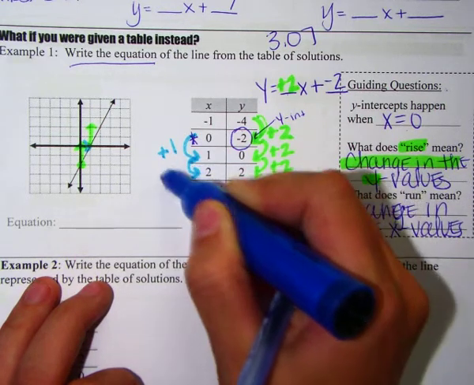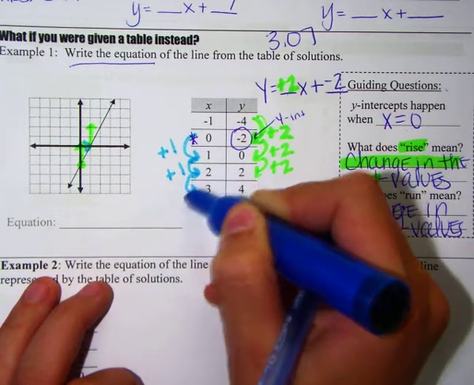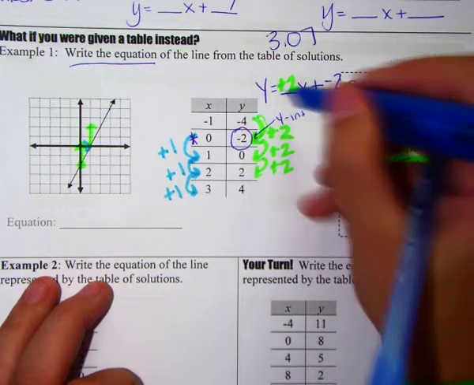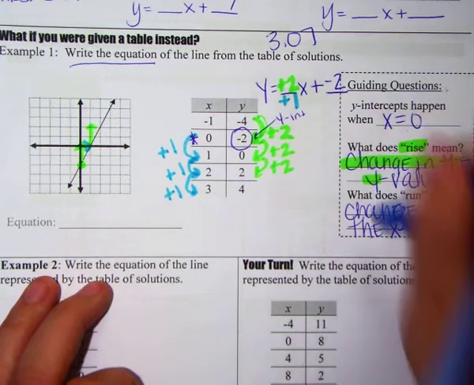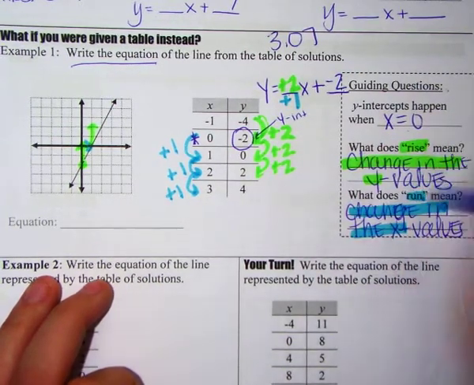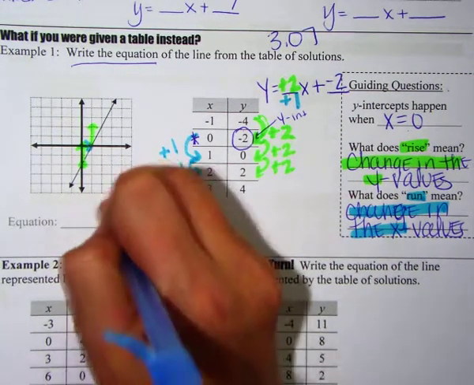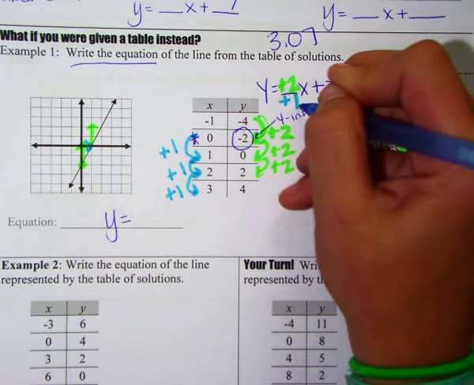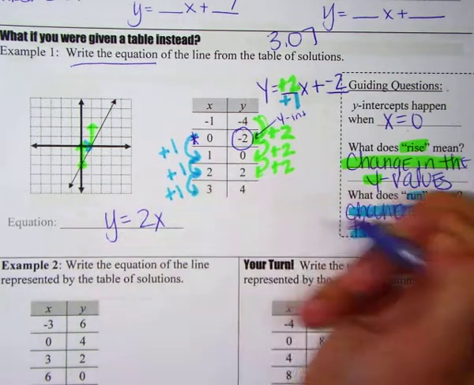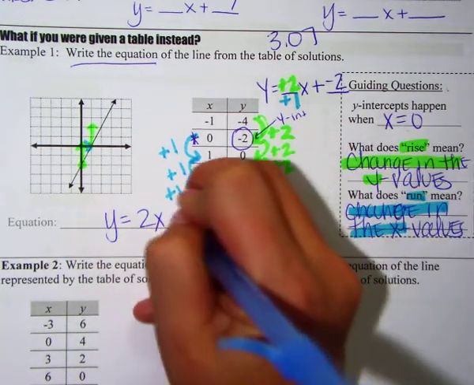From 1 to 2, we are adding 1. From 2 to 3, we are adding 1. So our run, or our change in x values, is plus 1. Ultimately, our equation is y equals 2 over 1, so 2x plus -2, or minus 2.